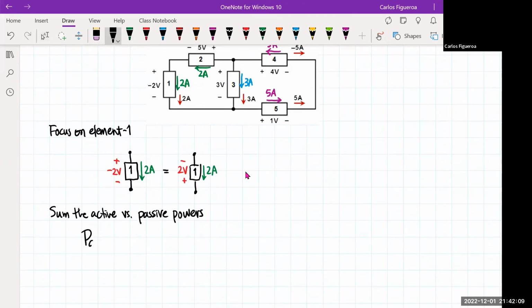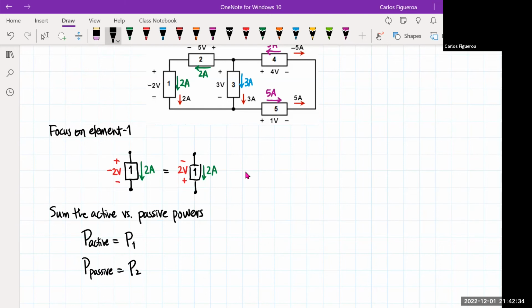What are the active elements? We've already seen that because the current's entering the negative terminal, element 1 is an active element. Now, if I go to 2, you can see that the current enters the positive terminal. So element 2 is passive.